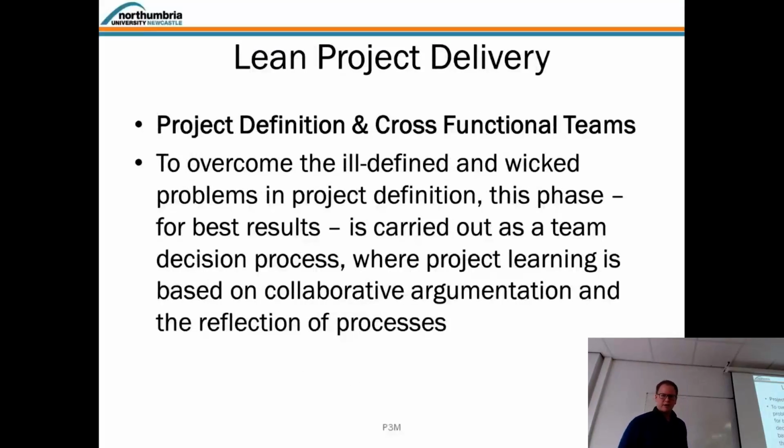So the project definition and cross-functional teams are really used to overcome the ill-defined and wicked problems in project definitions. For best results, this phase is carried out as a team decision process where project learning is based on collaborative argumentation and reflection on the processes.